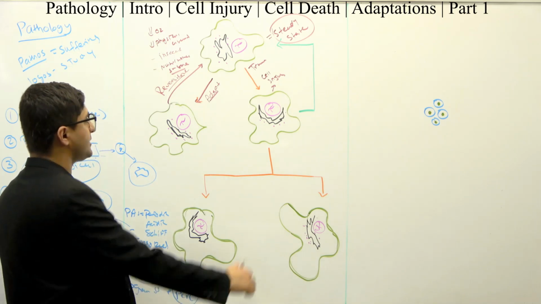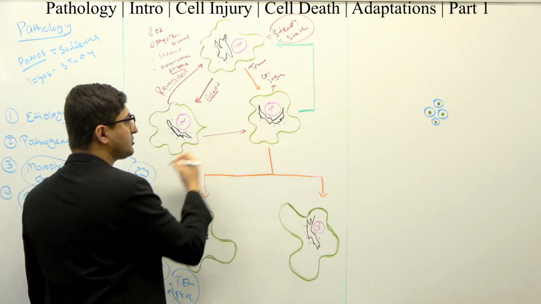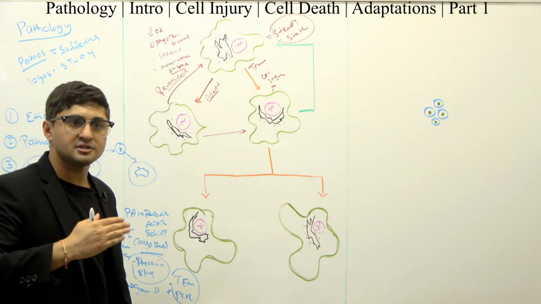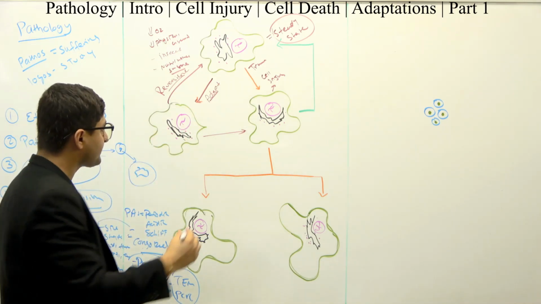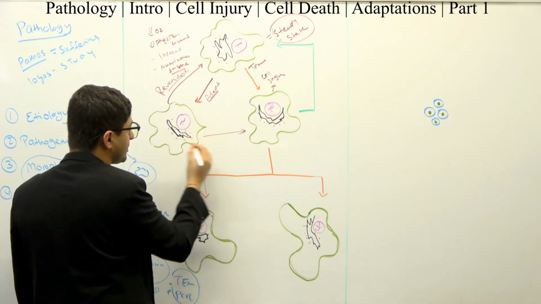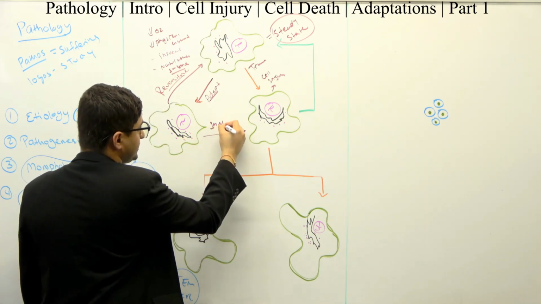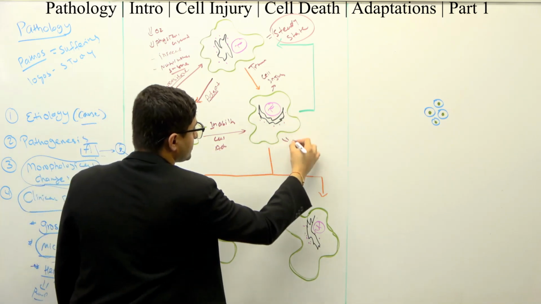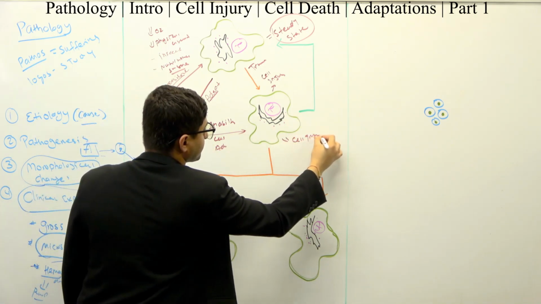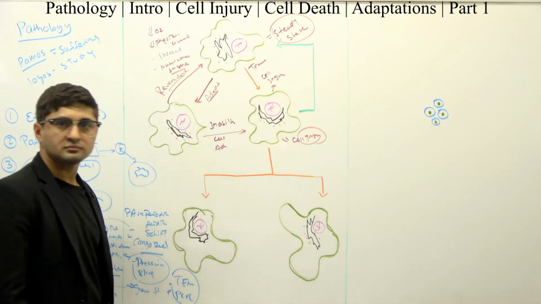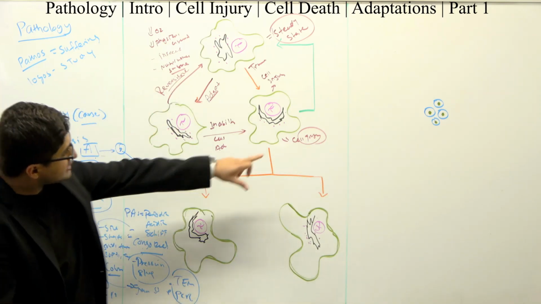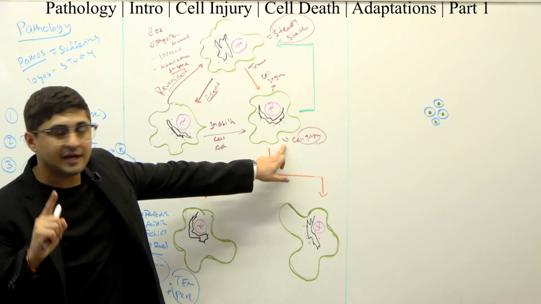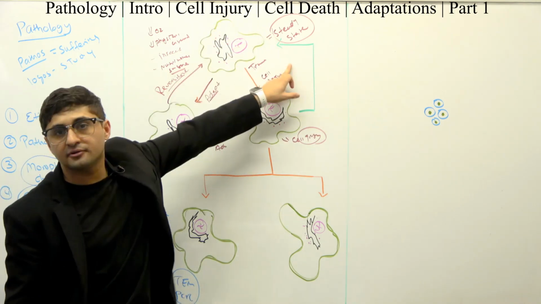And then whenever the cell is not able to adapt at all, because maybe the stress is continuous or it progresses for a longer period of time, so when there's an inability for the cell to adapt, this is called cell injury. All right? Injury. Now, even when the cell is injured, it can still go back and be reversible, by the way.